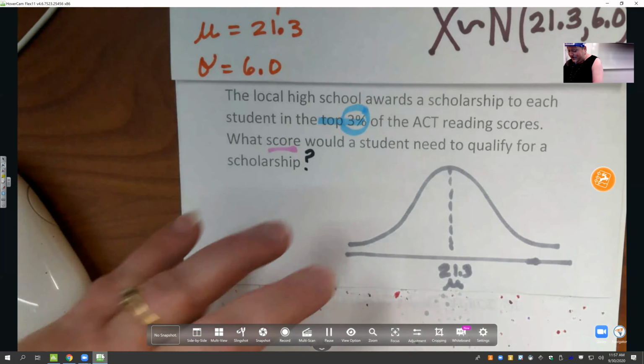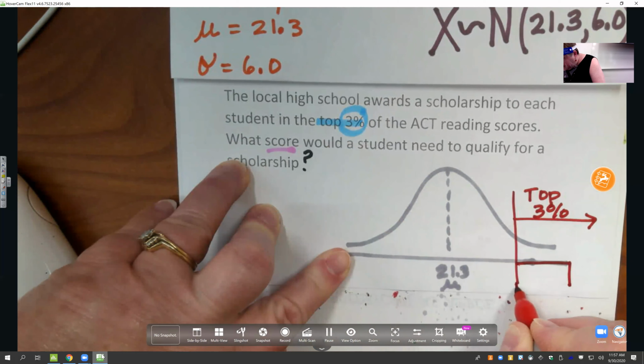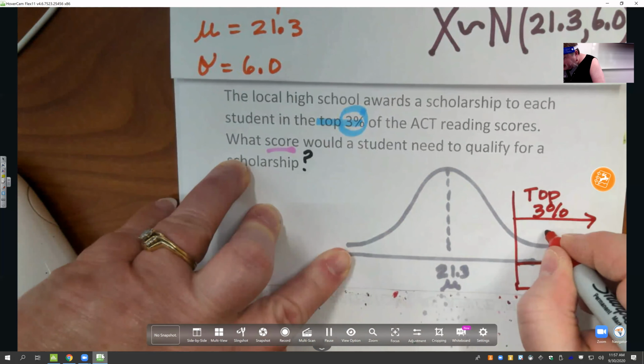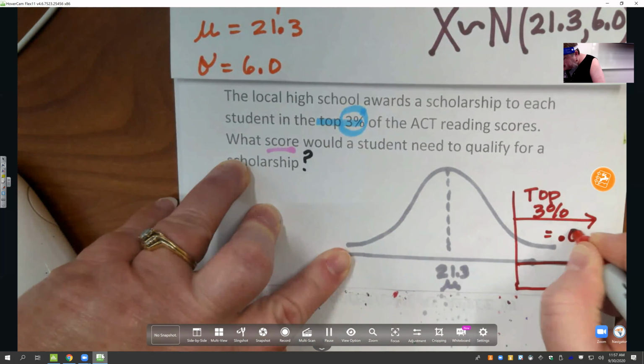So we know it starts at 0 and works its way to 100. Somewhere over here, I'm going to have a cut score for the top 3%. Now you do have to write that as a decimal. Remember, 3% would be 0.03.